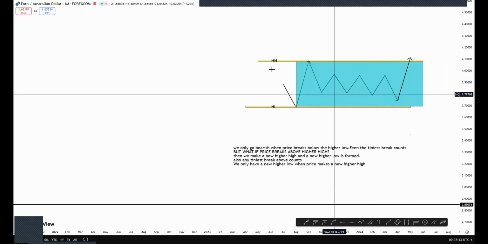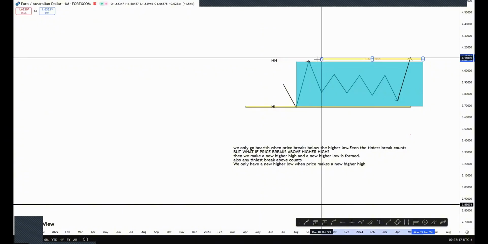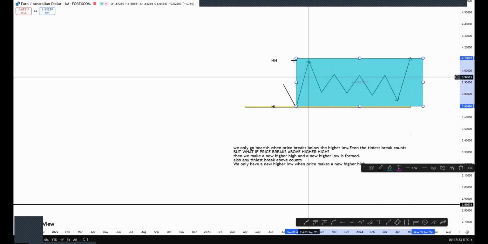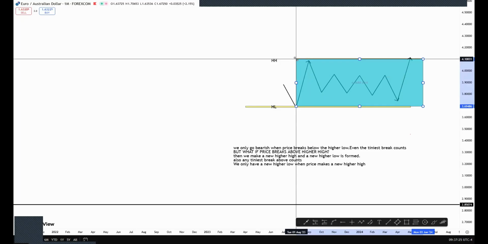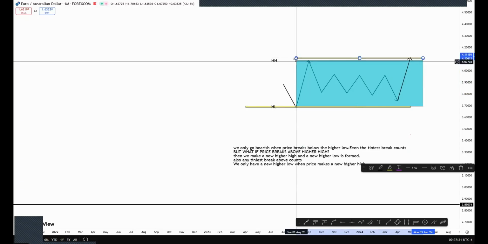So now since this has changed, my higher high is now this level here. You see? This has kind of changed like that. Okay, my higher high has changed.